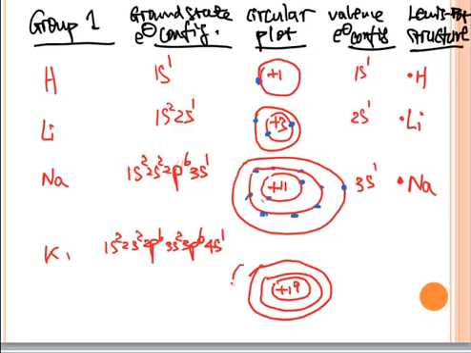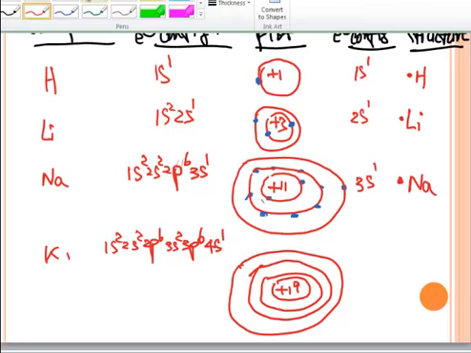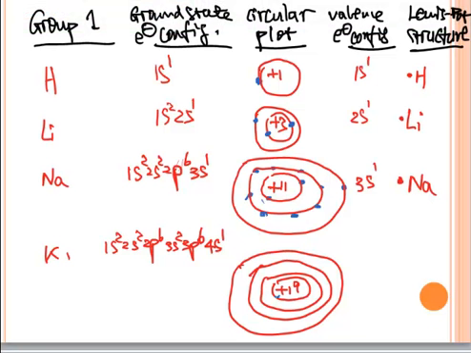Then you can have 2 on the first ring, 8 on the second ring, 8 on the third ring, and 1 on the last ring.